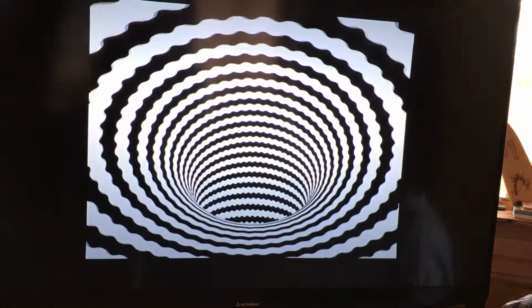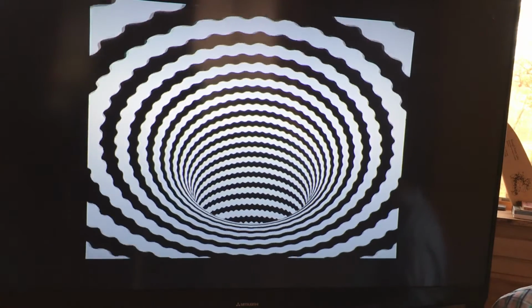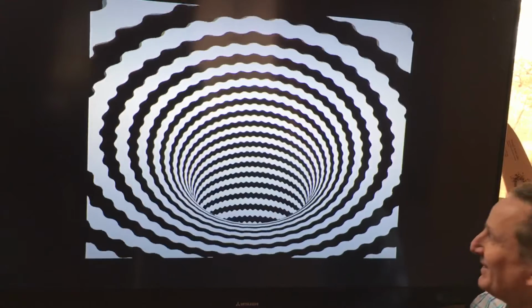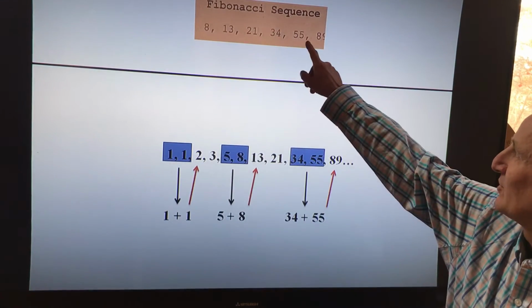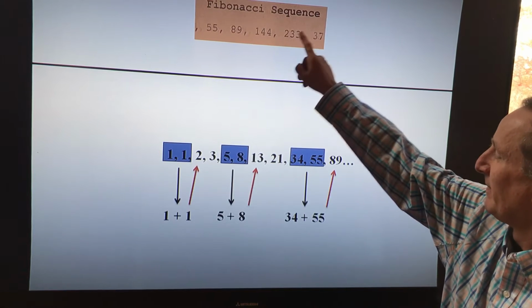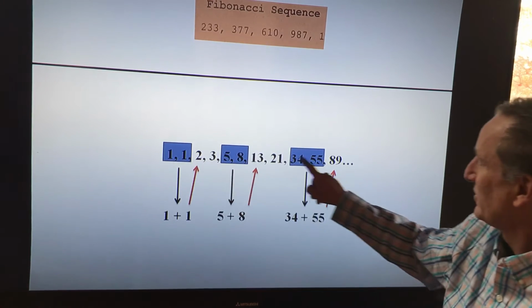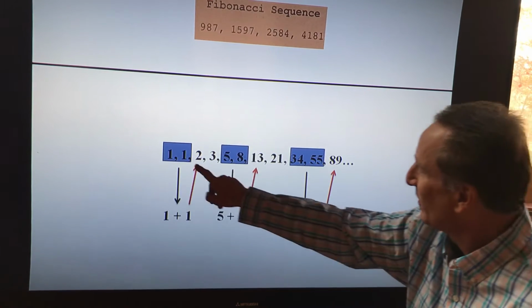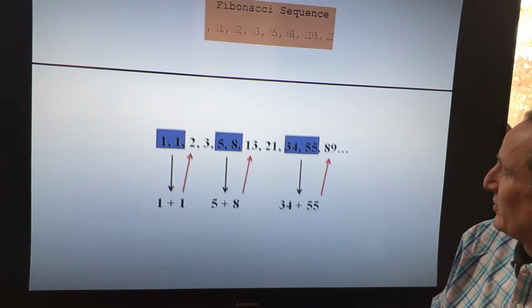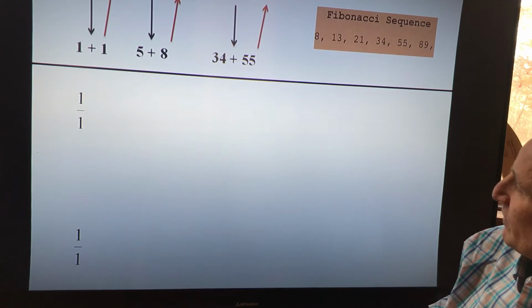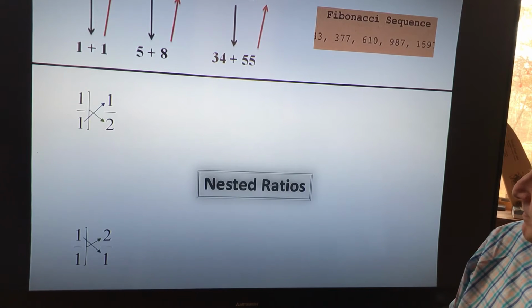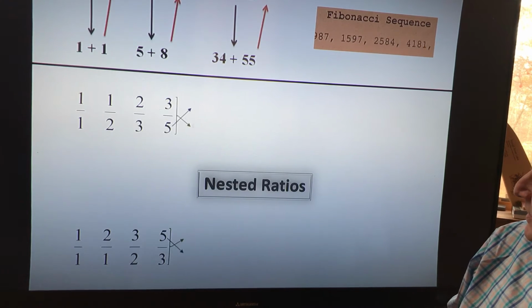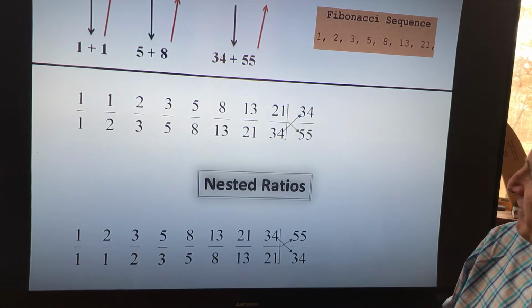So, are you ready to go down the rabbit hole and see where this all leads? So here's the Fibonacci sequence, and here's the Fibonacci sequence. And if you take the ratios of those, then the ratios of each two neighboring ones become the next Fibonacci ratio.